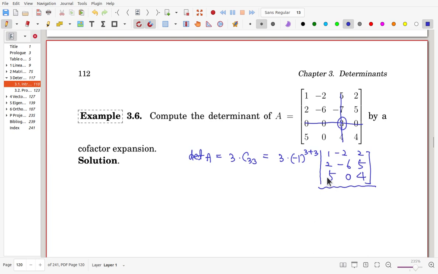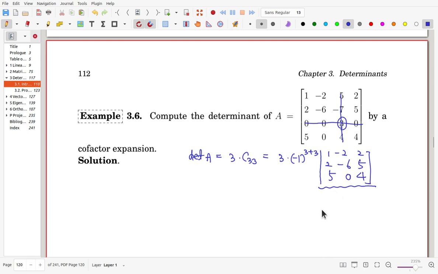Now here the last row has 2 non-zero entries, we have 1, 0 here, so the cofactor expansion can be done along the last row, so it's much easier.